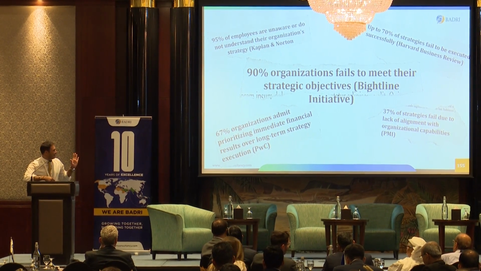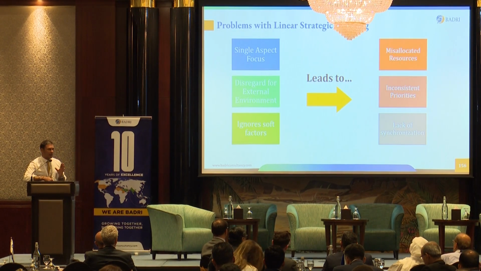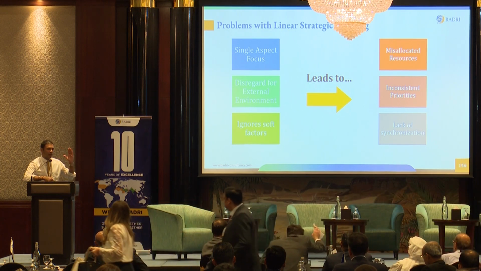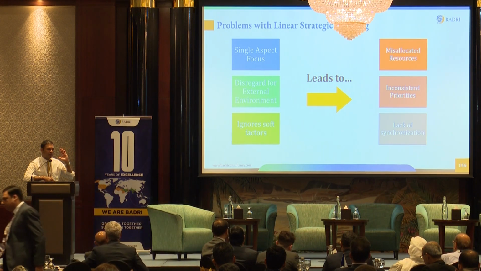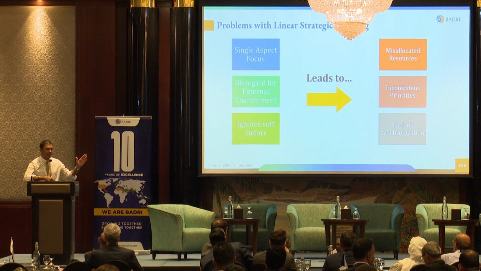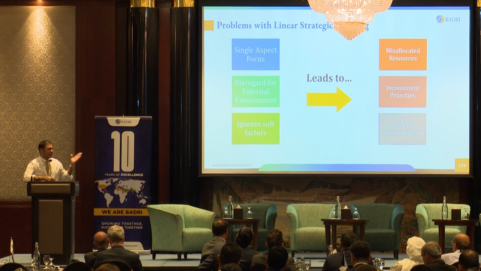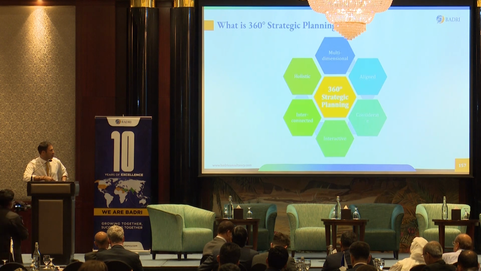But the reality is, a lot of the time we're thinking about linear strategic planning as opposed to a more holistic approach. So, focusing on a single aspect, not being flexible, that sort of thing, leads to inconsistency in terms of where you prioritize, mixed messages, working in silos, and so on, right?